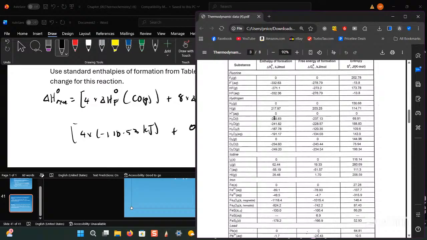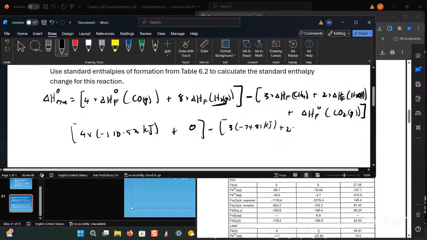Okay, water, liquid. And by the way, pay attention to the state because the enthalpy of formation is affected by the state. So we look specifically for water in a liquid state, which is minus 285.3. That will be 2 times minus 285.3 kilojoules. And then finally, we look up the value for carbon dioxide.